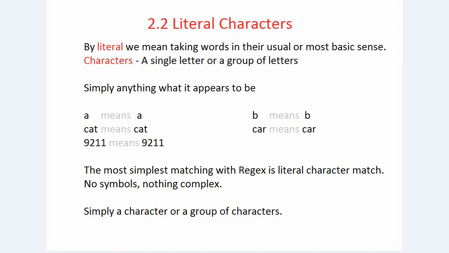In this lecture, you have learned how to conduct a literal character match in Regex, and simply match words or a group of letters, characters, numbers in your test string. So this is also very simple. Thank you.